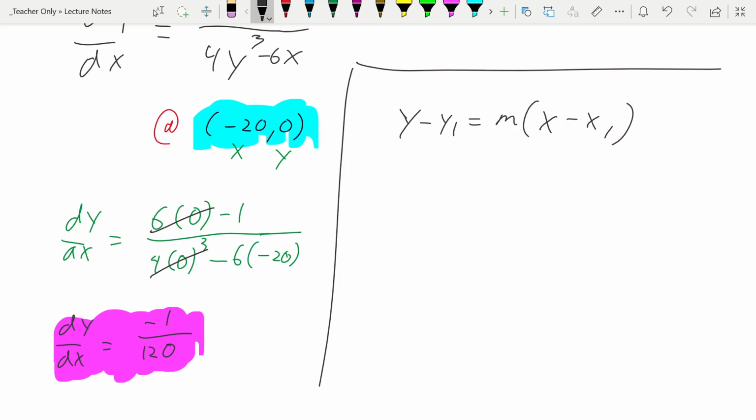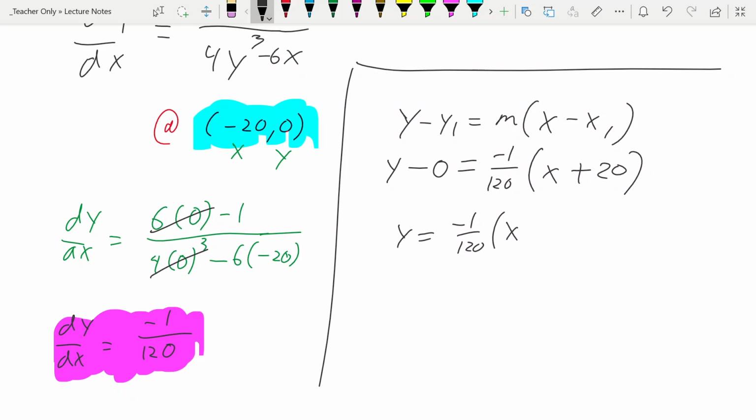So we're just going to sub in our values. It's y minus the y value of my point equals the slope, which we just found was negative 1 over 120, times x minus the x value of our point, which was negative 20. A negative and negative make a positive, resulting in y equals negative 1 over 120 times x plus 20.